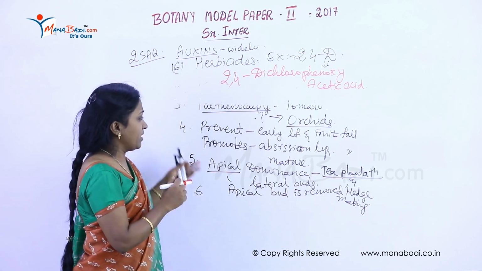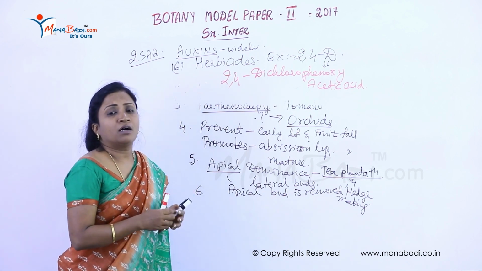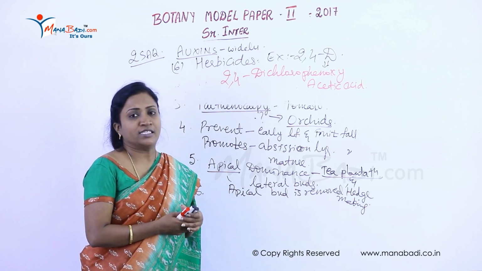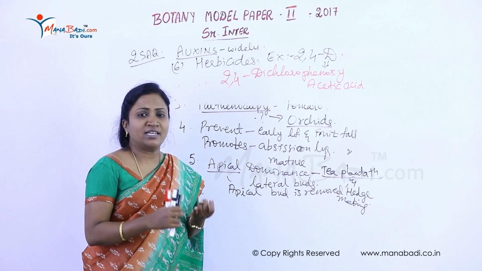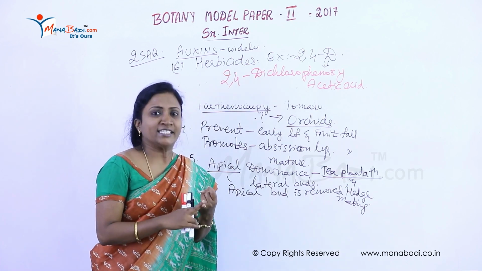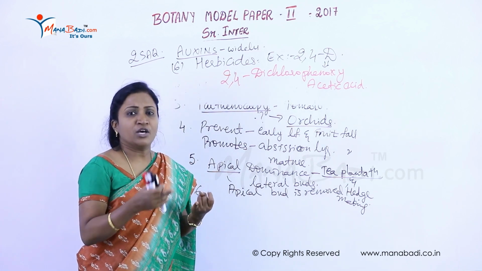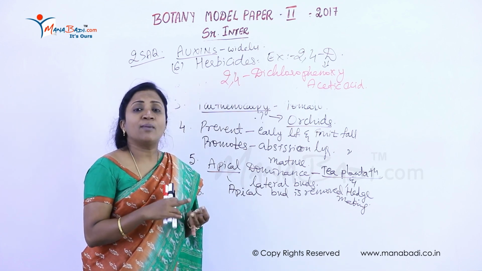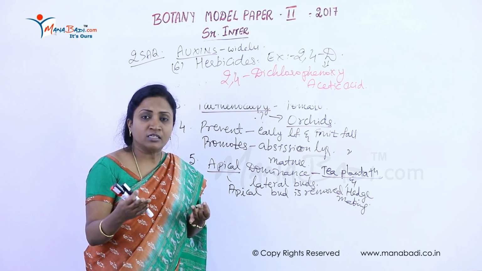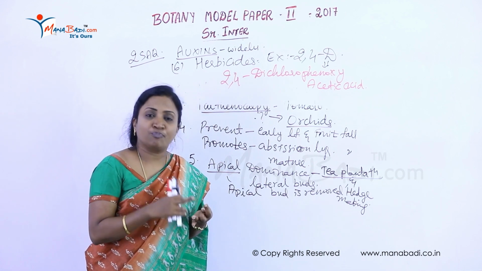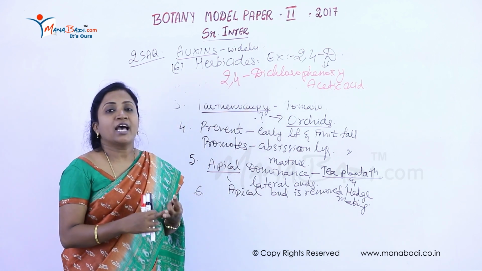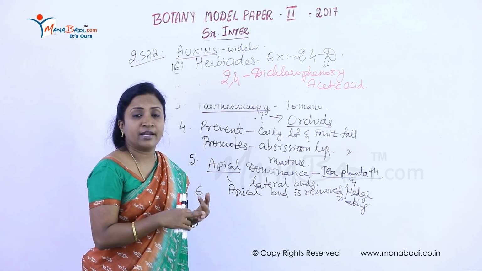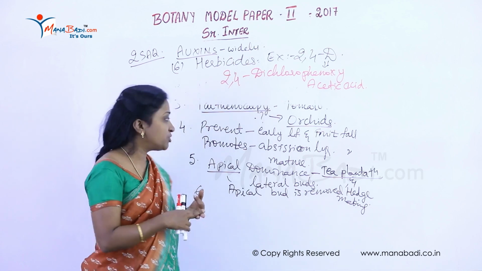So those are the points regarding the agricultural as well as horticultural applications of auxins. They help in root initiation and promote flowering in pineapple. Apical dominance removal is used in tea plantation and hedge making.